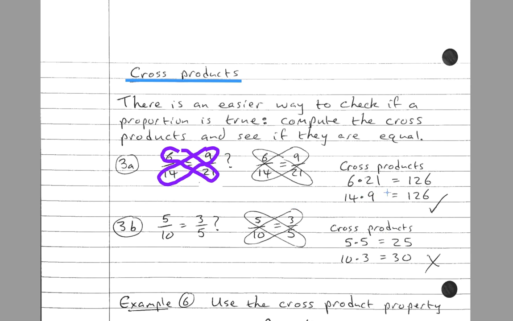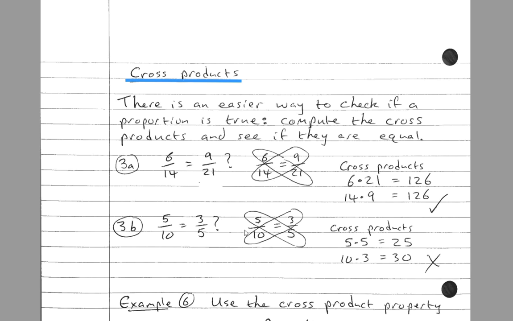6 times 21, that's 126. 14 times 9, that's also 126. So if you work out the two cross products and get the same number, then that tells you the proportion is true.